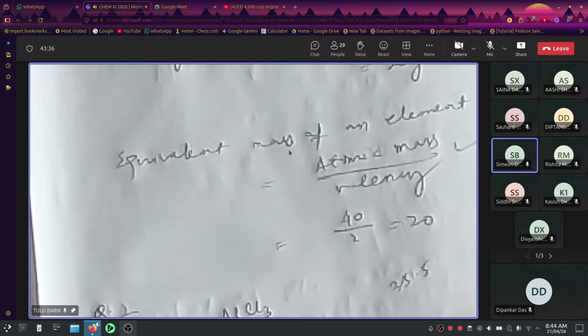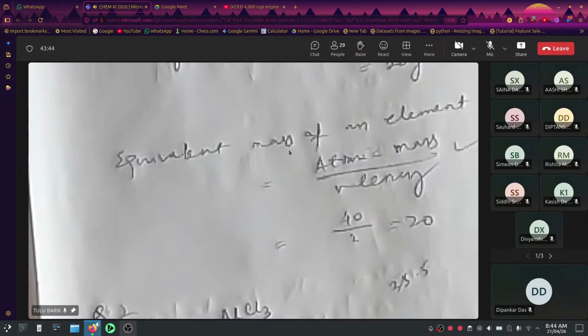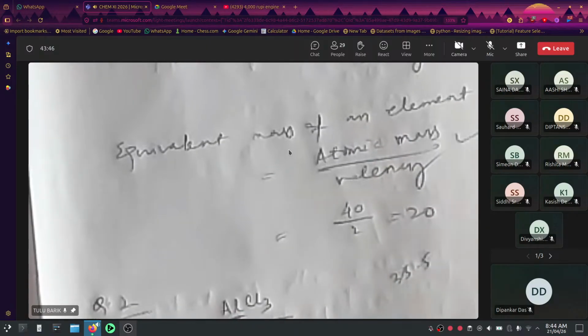Similarly, you calculate the equivalent mass of zinc. All of you calculate, please. Sir, 32.5.